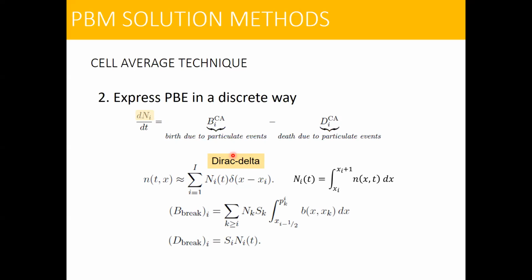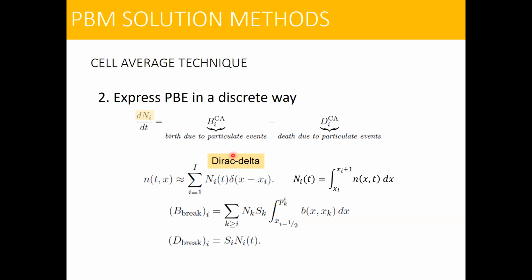Then the particle birth by breakage is the sum over all cells k larger or equal than the cell itself, of the number of particles in that cell N_k times the selection function evaluated in size x_k times the integral over the breakage function.